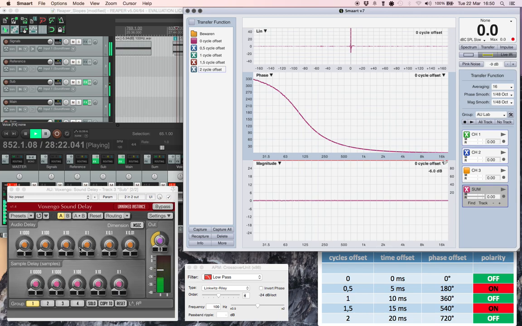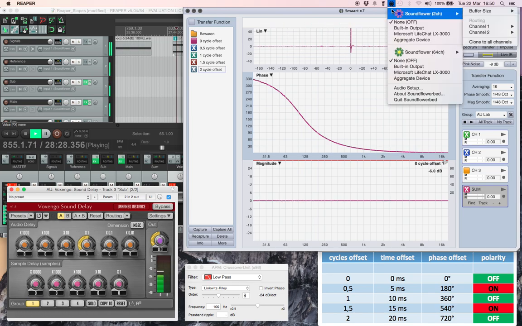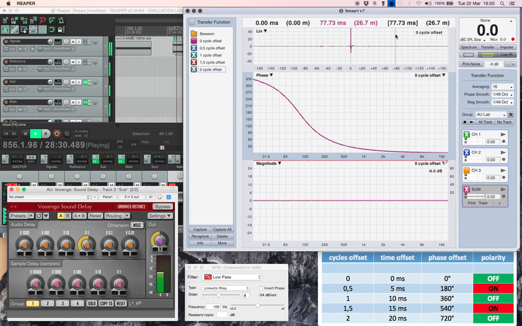So let's start again by half a cycle time offset. And now you should hear a gap throughout the crossover area. Okay, so let's flip the polarity and turn out of phase into phase.